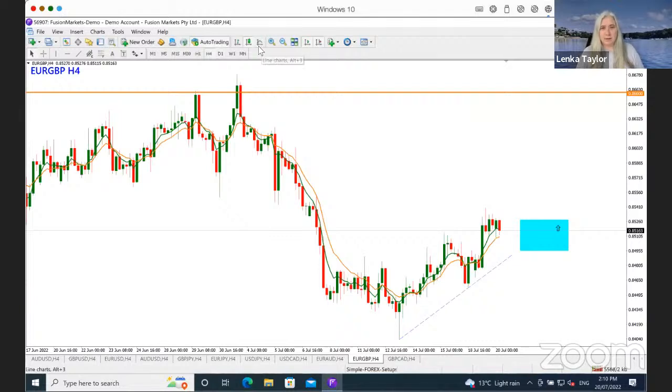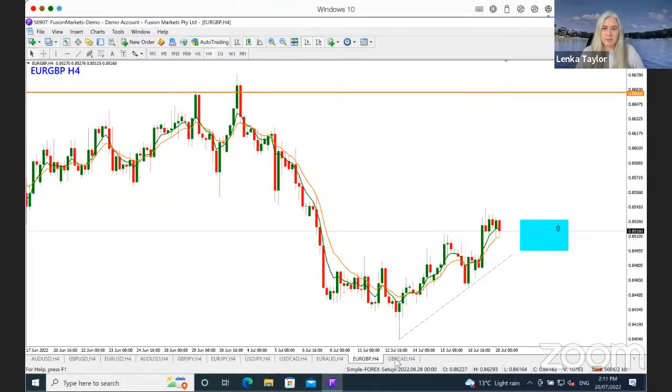On the 4-hourly, if I see a pullback, then I would look to see if there is a reversal to go long. If there is no pullback and it keeps going up, then I might be looking for short opportunities later on. But at the moment, looking for long opportunities.